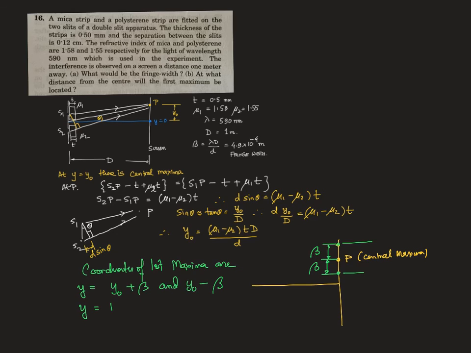One is plus 0.028 centimeter and you get minus 0.021 centimeter. That means it is on the other sides of the central maxima and of this y equal to 0 central line.